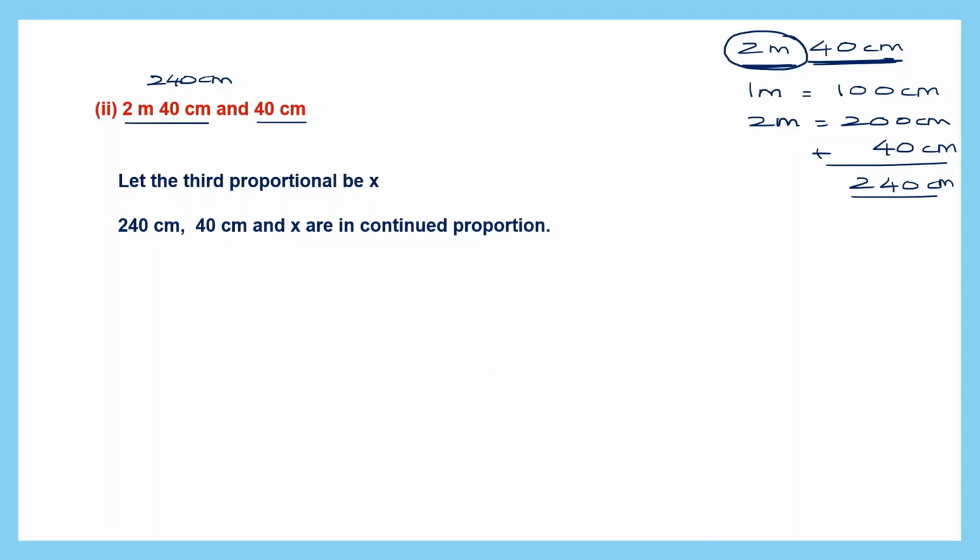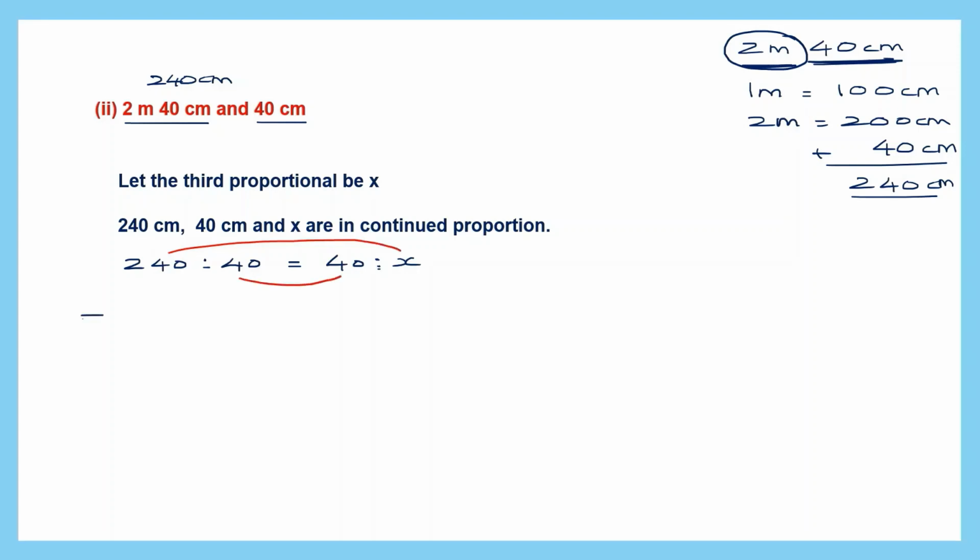So let's write that down. So that means what we are trying to say is 240 is to 40 should be equal to 40 is to x. Then we say that they are in continued proportion. So now we can use the formula which says product of extremes should be equal to product of means.